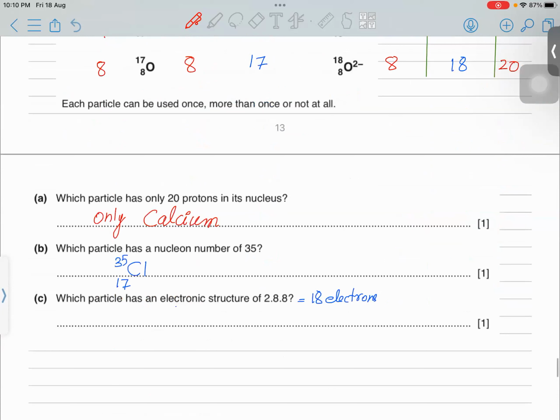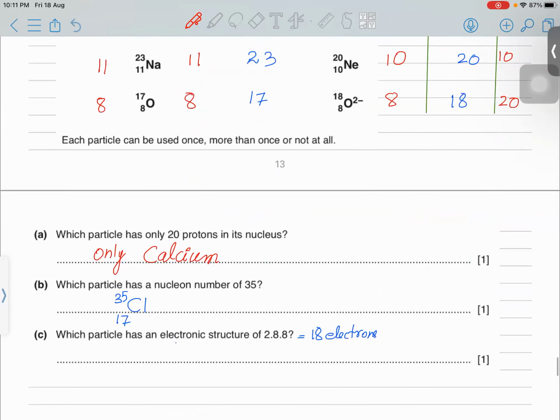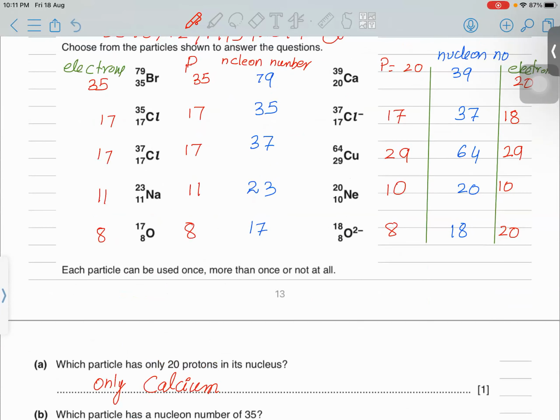So the question was, which particle has an electronic configuration of 2.8.8? Which element has 18 electrons?